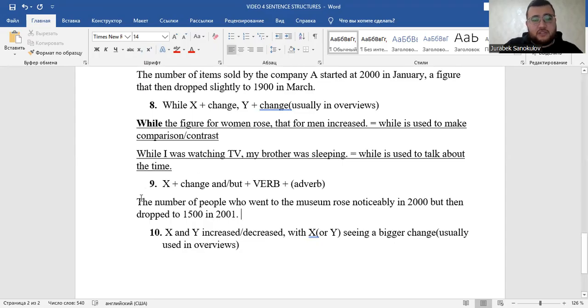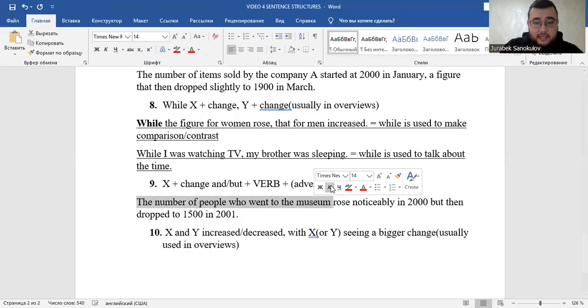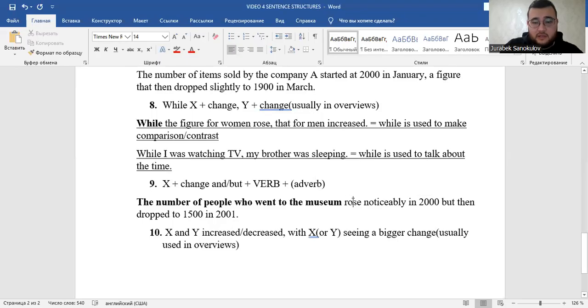You see, using a universal subject and then using two verbs. The subject of both these verbs, rose and dropped, is the same, which is the number of people who went to the museum.